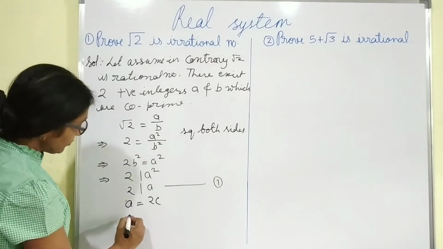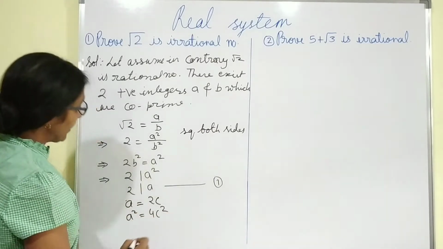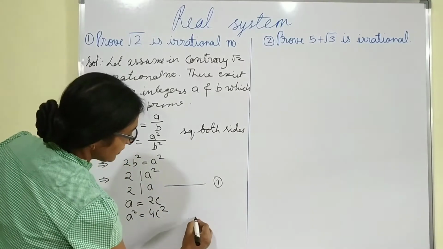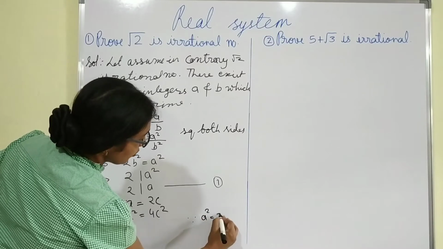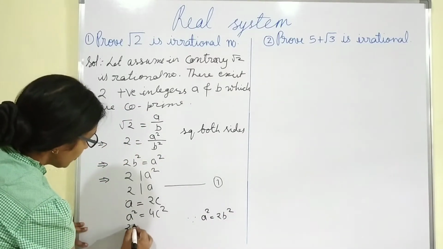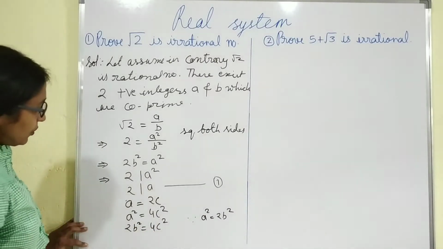Now again squaring both sides, a square equals 4c square. Now we know a square equals 2b square, so 2b square equals 4c square. Okay.